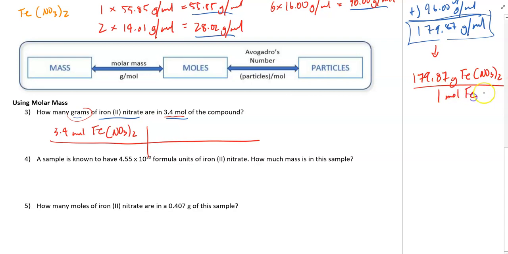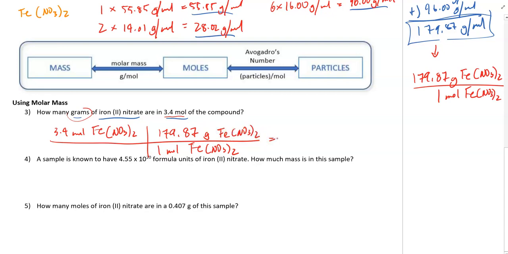1 mole of Fe(NO3)2. And then we basically apply it as needed. So looking at this work, if we have moles up top here, we need to make sure we cancel off with moles on the bottom here. And as this is written, you can go and stick it in. So 1 mole of Fe(NO3)2, and then the mass that goes with it, 179.87 grams of Fe(NO3)2.